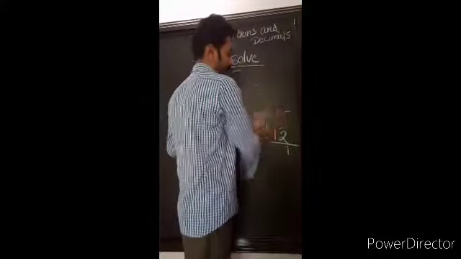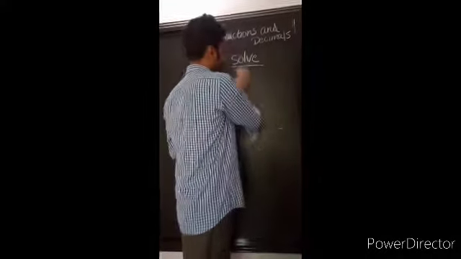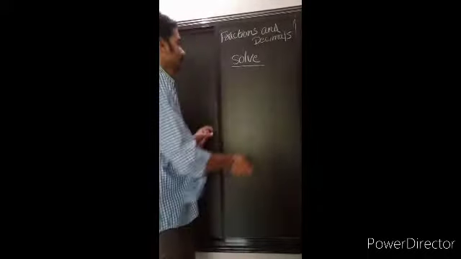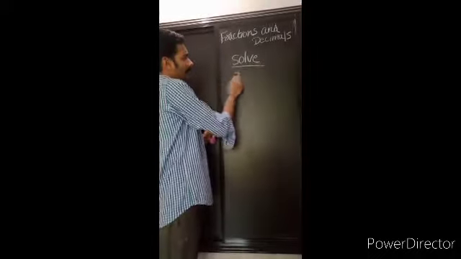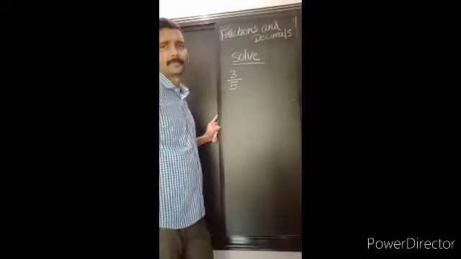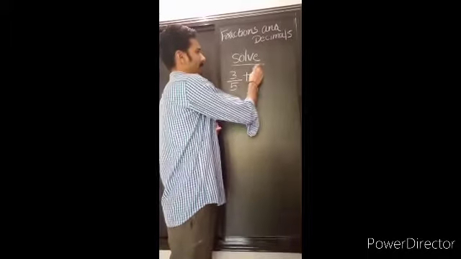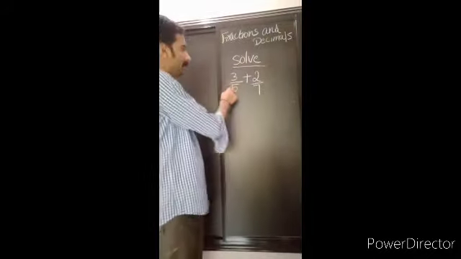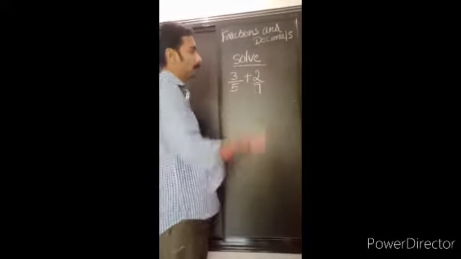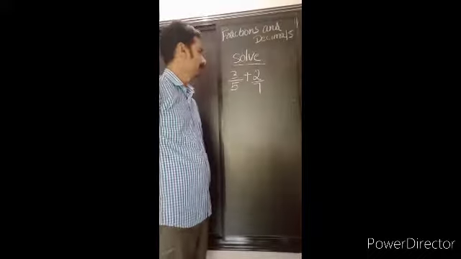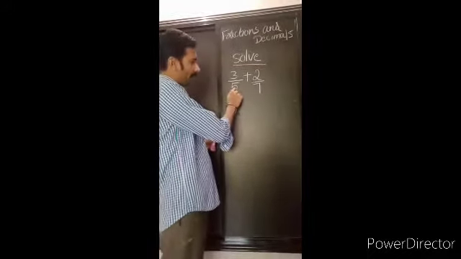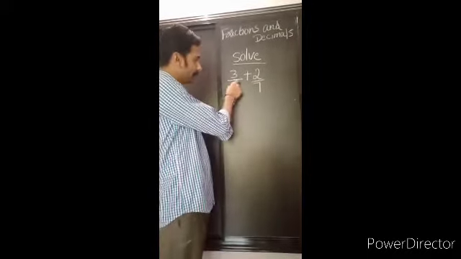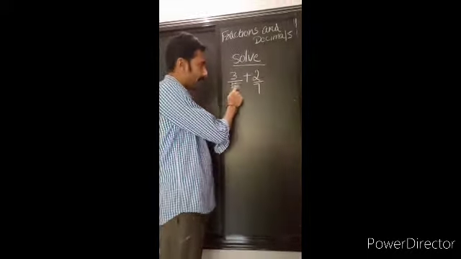Then another one. 3 by 5 plus 2 by 7. In this type of question, first we look at the denominators. The denominators are 5 and 7.